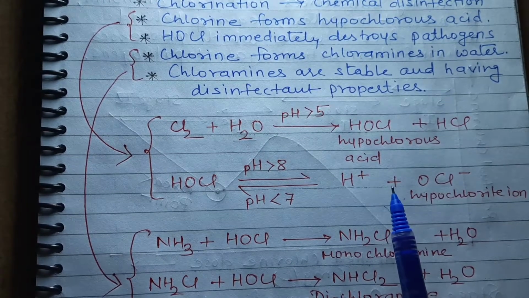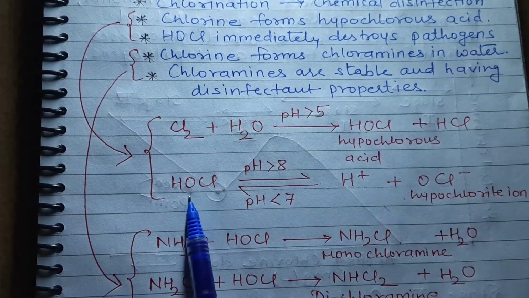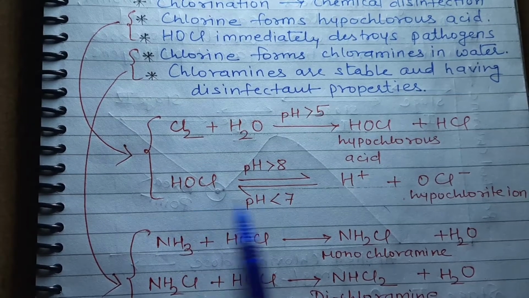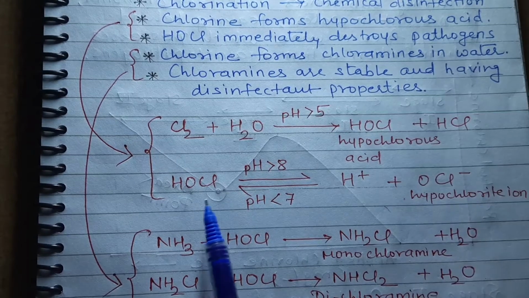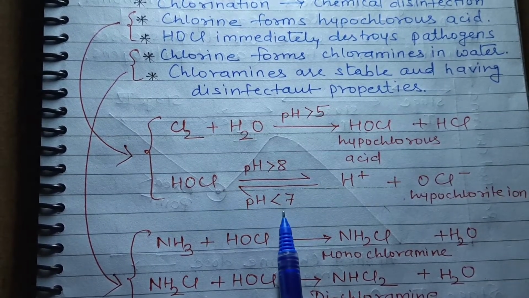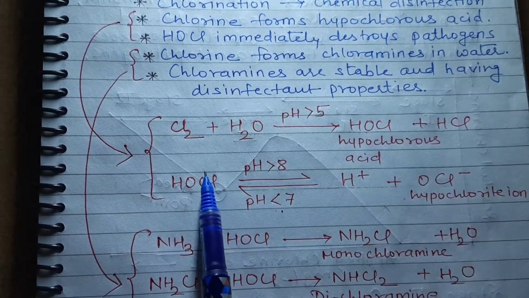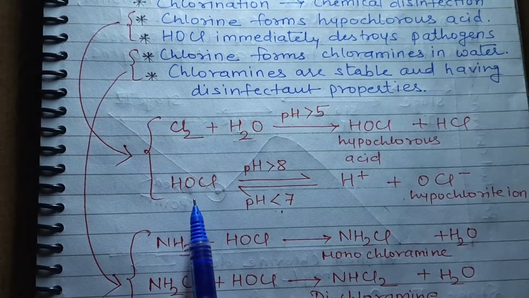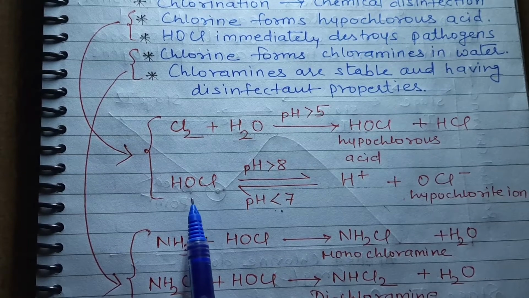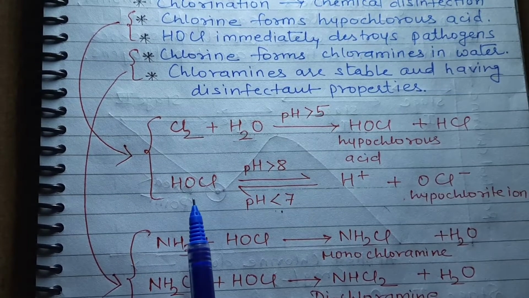But some theories say that HOCl is a more effective disinfectant in comparison to the hypochlorite ion. So usually we prefer a pH less than 7 so that a greater quantity of HOCl can exist in the water and efficient disinfection can be achieved.